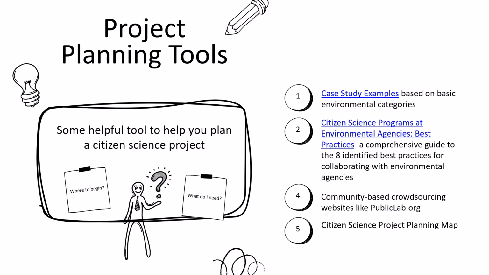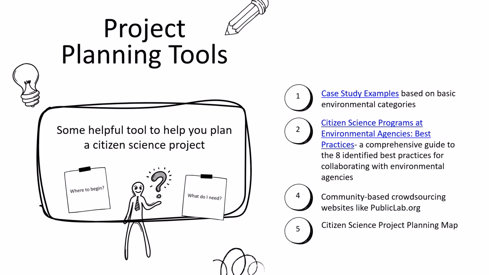Some helpful resources I frequently utilized came from the Environmental Law Institute, who have a truly amazing collection of tools and resources designed specifically to support citizen scientists. They have case study examples. They have a best practices guide. There's also a lot of other great web-based resources.